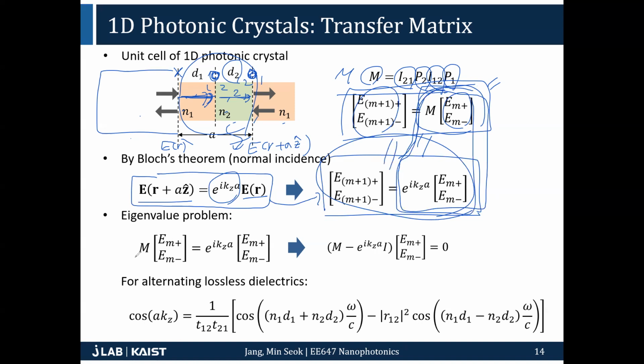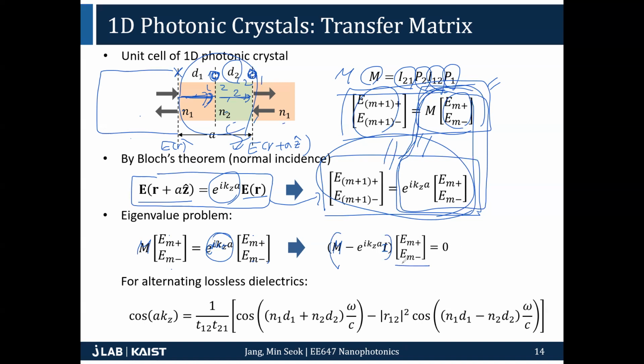And then you have M times (E_m+, E_m-) is e to the i k_g a times (E_m+, E_m-), right? And then rearranging the terms, this is M, the matrix, and e to the i k_g a is a scalar, so you multiply the identity matrix, and then (E_m+, E_m-) is 1.